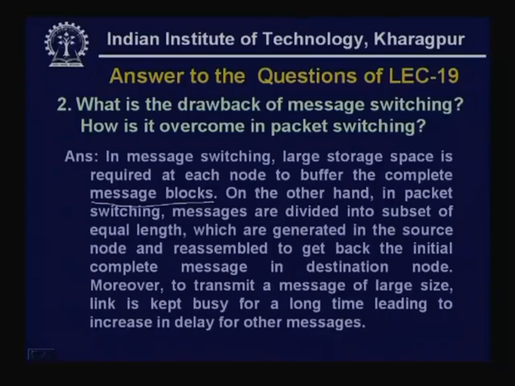On the other hand, in packet switching, messages are divided into shorter, smaller sizes, and as a consequence it does not require larger storage, it does not monopolize a link, and the possibility of error during transmission reduces because packets are of smaller sizes.